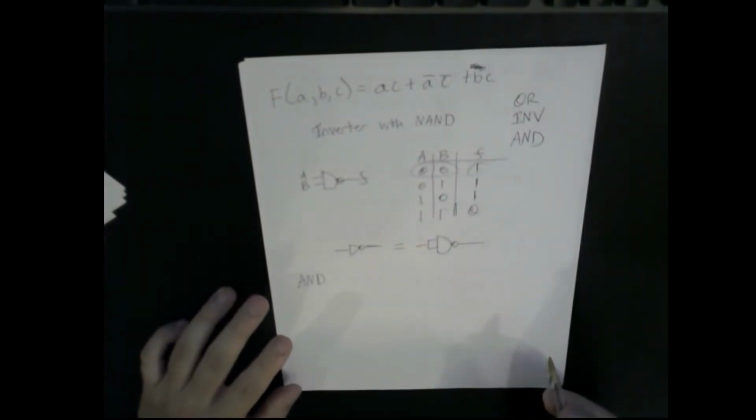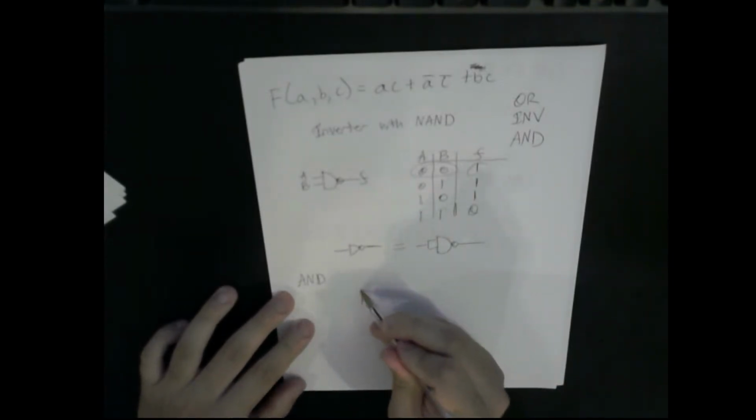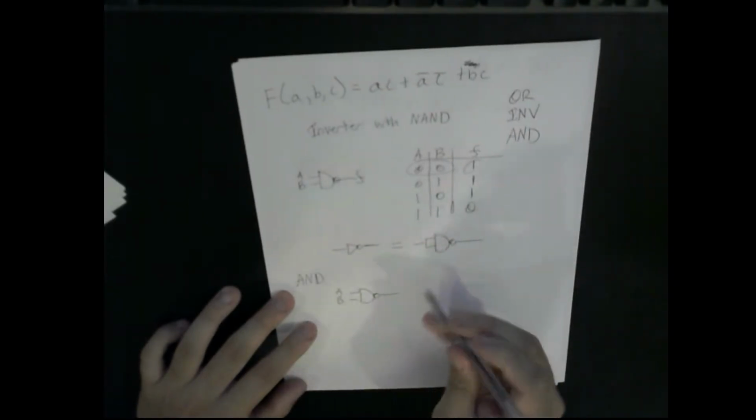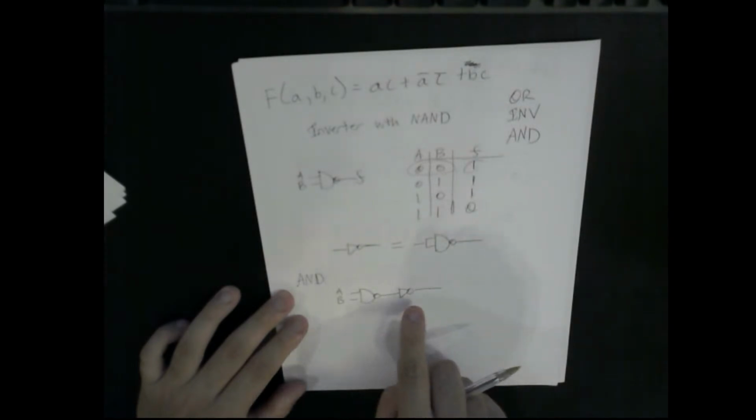So great, we know how to make an inverter. How do we make this AND gate? Well, remember that the NAND gate is just an inverted AND gate, right? What we can do is put an inverter right here, and this works the same as an AND gate, because it's an inverted AND gate with another inversion.